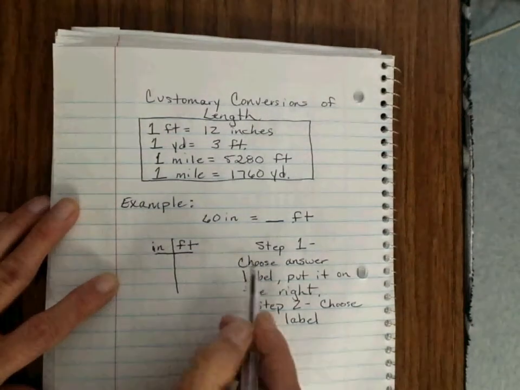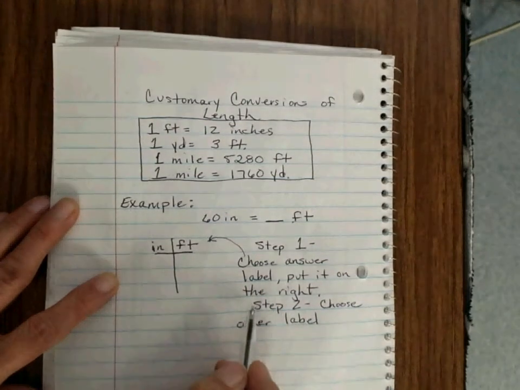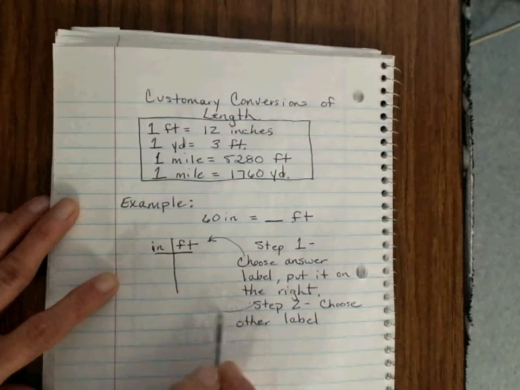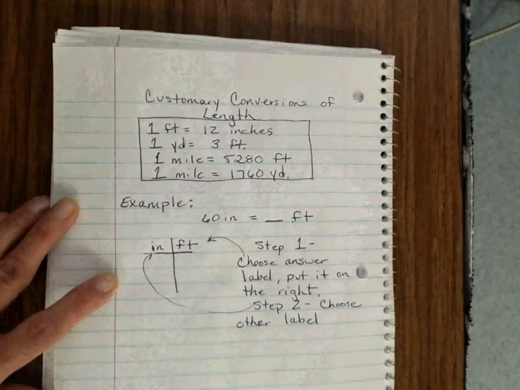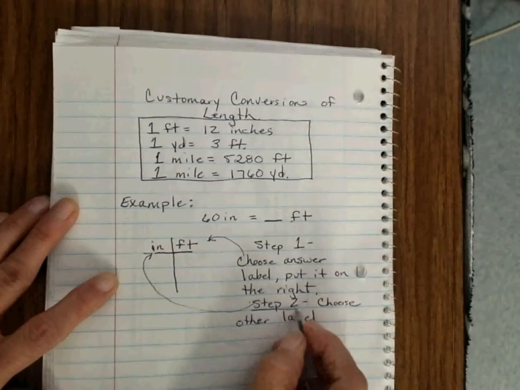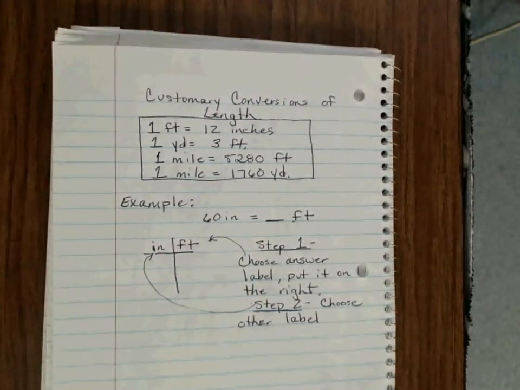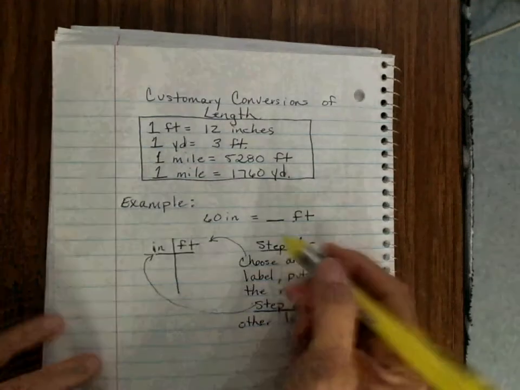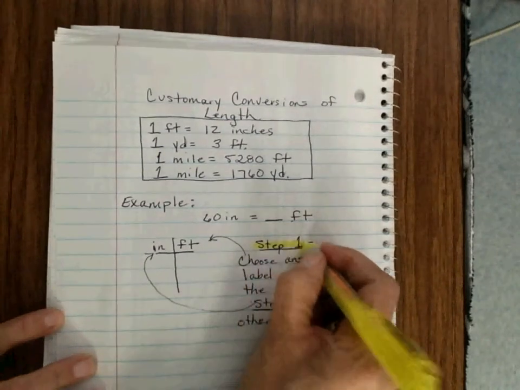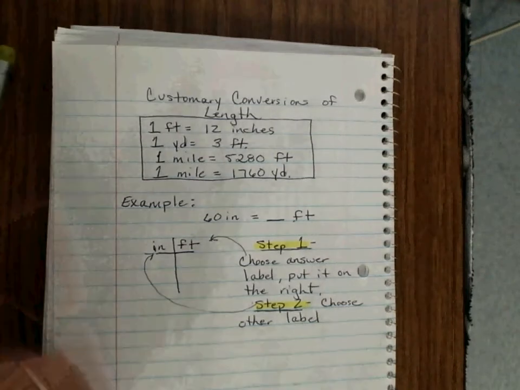So my answer label goes on the right, and the one that I'm converting goes on the left. I'm going to go ahead and highlight these so these stick out for you. So step 1, choose my answer label. Step 2, choose my other label, and it goes on the left.